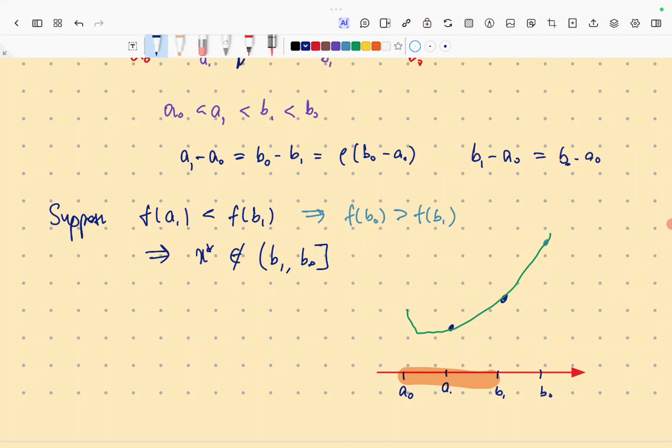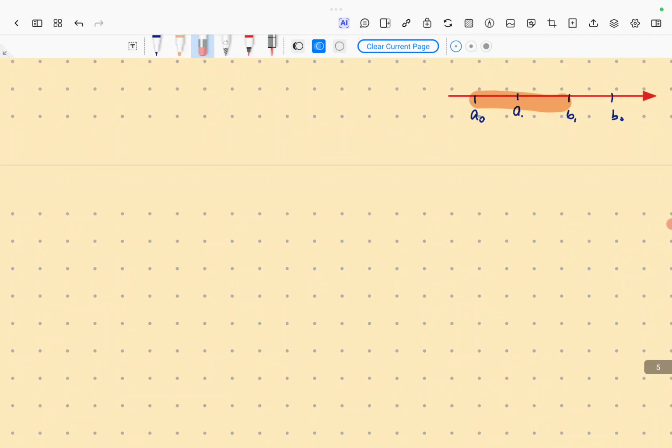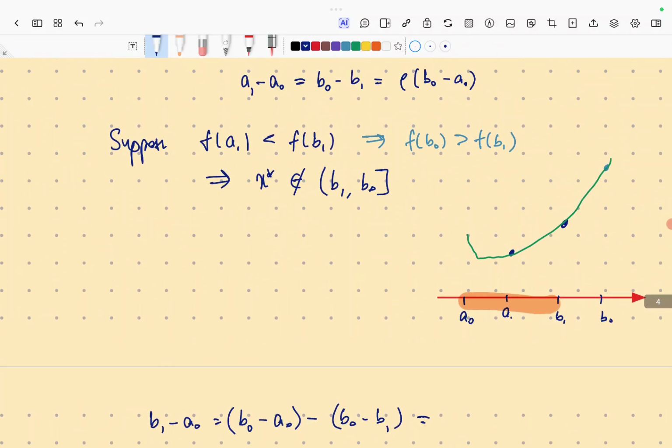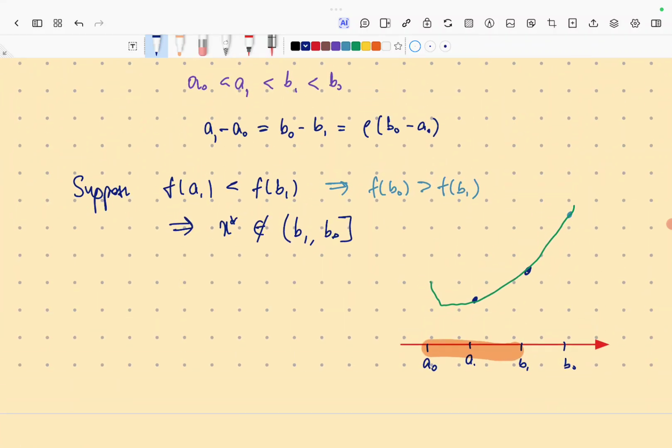So the amount that I've removed is, so I have B1 minus A0, which is my search space at the end of the first step. This is equal to B0 minus A0 minus B0 minus B1. But what is B0 minus B1?